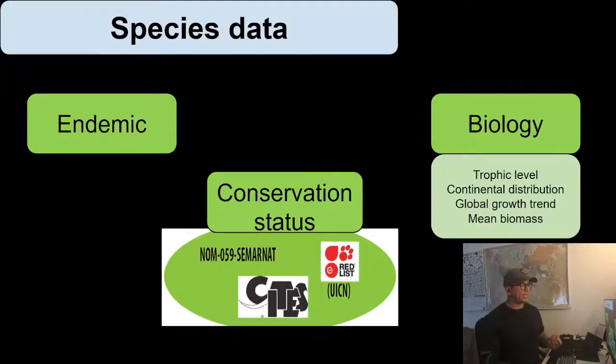The other aspect was the conservation status, which involves three main lists. Two are international. One is CITES, which deals with the market: how they are managed, whether they are sold internationally, whether you can sell them internationally.